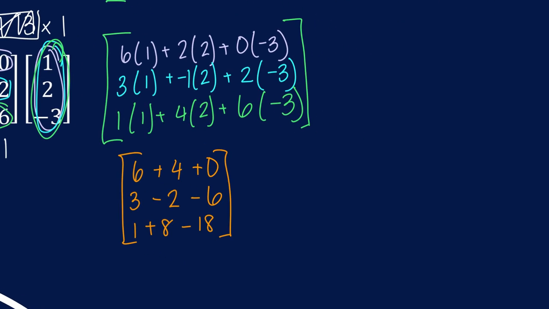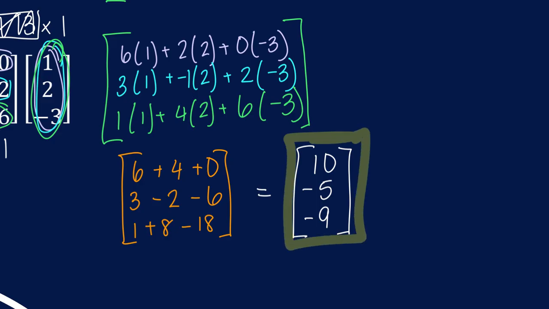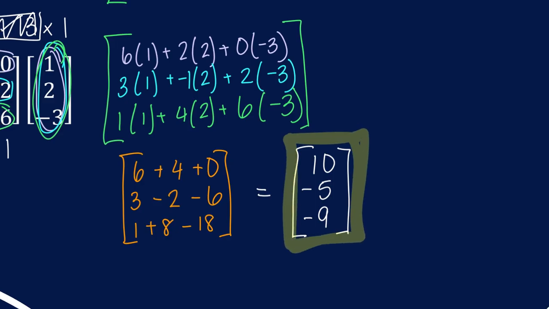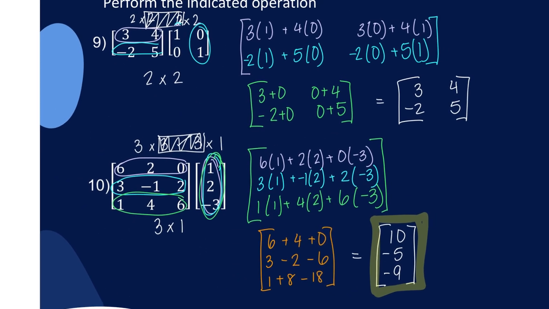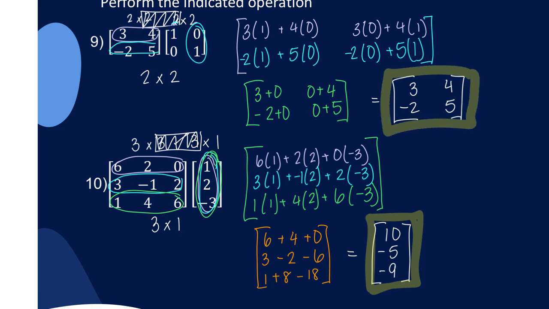You guys will not have a calculator for this, so you have to know how to solve for integers. 6 plus 4 would give me 10. 3 minus 2 minus 6 would give me negative 5. 1 plus 8 minus 18 would give me negative 9, and this would be my answer in brackets. So again, please make sure you guys know how to solve for integers. That is my answer, and this was my answer for the one above it.